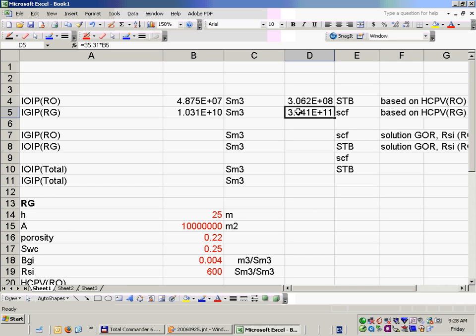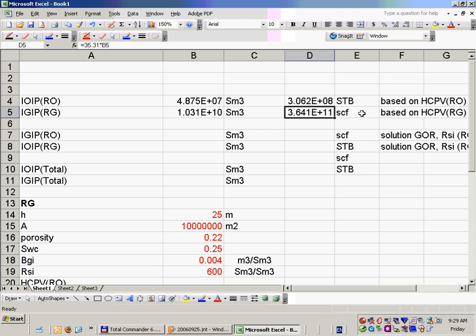That's a third of a TCF, and that's a small gas field. I mean, hardly worth developing. You could never develop this size gas field in Norway by itself. But between the oil and the gas together, it might be a satellite field. If you already have an infrastructure close that you can send the gas and oil to be processed at some other facility, you couldn't pay for a big development with this size of field.